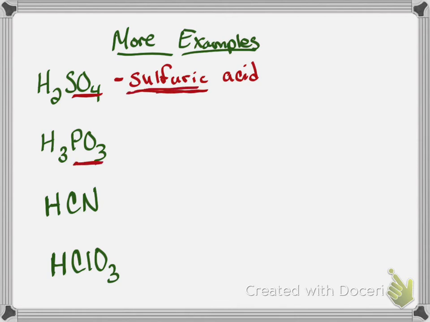Now, PO3 is phosphite. It's not phosphoric acid, it's phosphorous acid. So we have to change it from phosphate or phosphite to phosphorus.